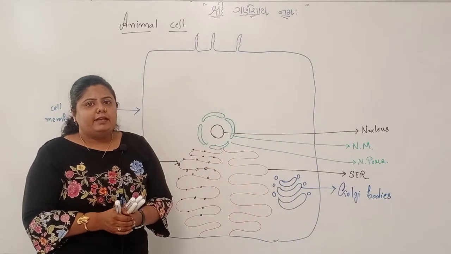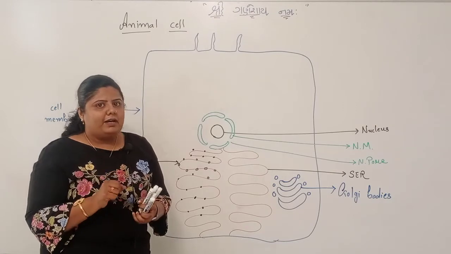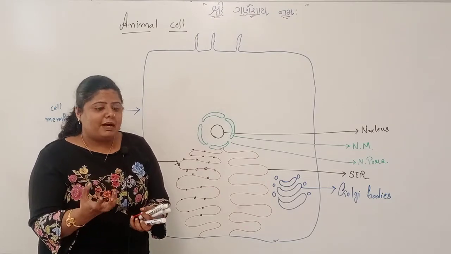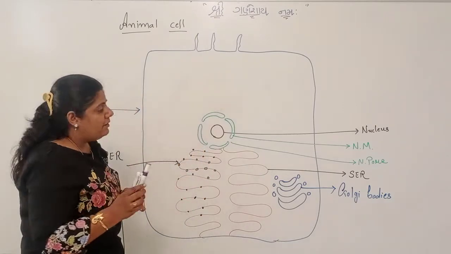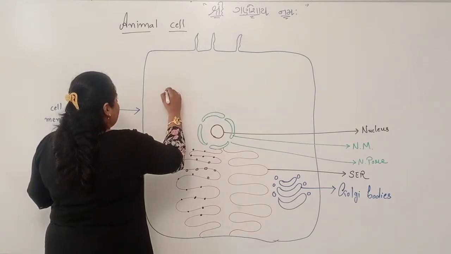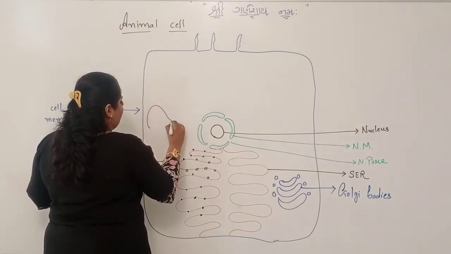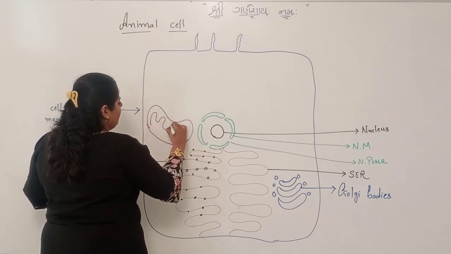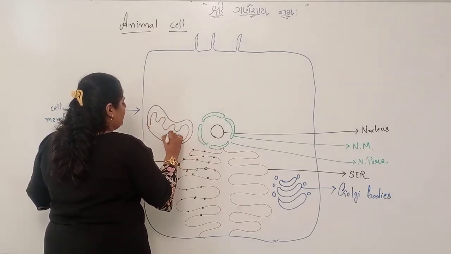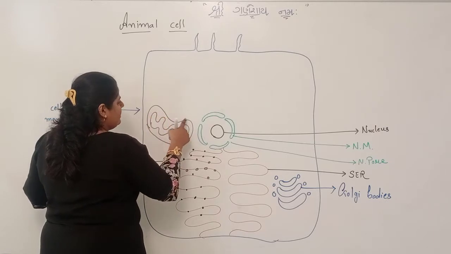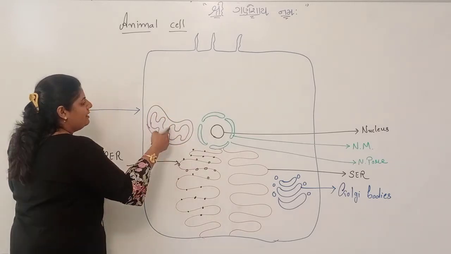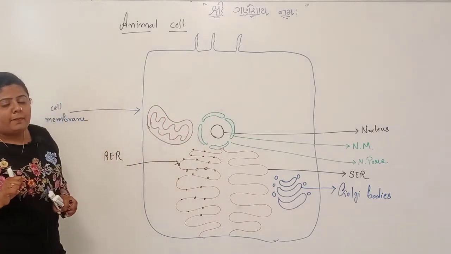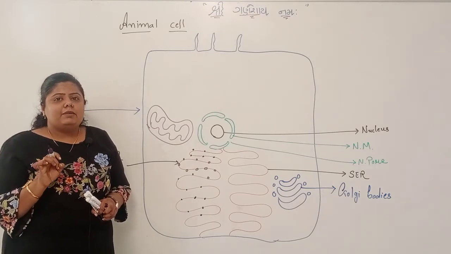Next organelle, the powerhouse. Why is it called powerhouse? Who is the powerhouse? Mitochondria. Students, mitochondria is a double membrane structure. The outer membrane is continuous while the inner membrane is folded. And why is it called powerhouse?